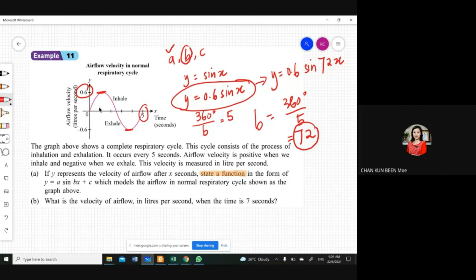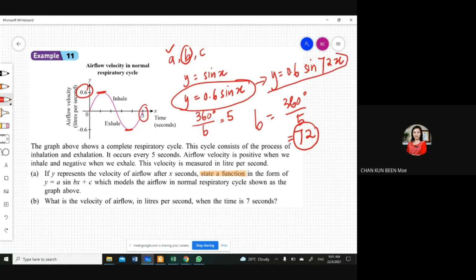Is there any movement up or down the graph? No, there's no movement up or down the x-axis over here, so that means C is equal to 0. We don't have to add any C at the back of the equation. Therefore the answer is just y equal to 0.6 sine 72x. That is the answer for the equation.